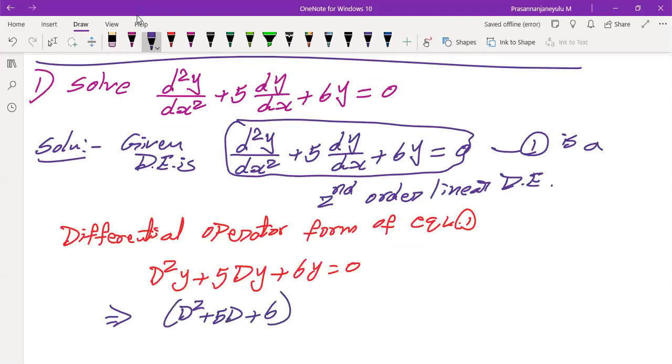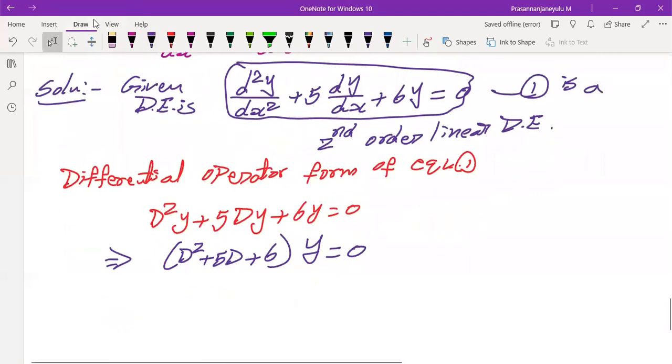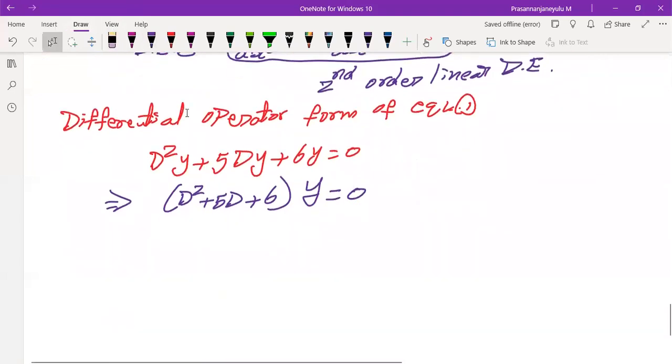Be careful, students. Y should be written only as post factor. That is very, very important. What is the general solution of this differential equation? It is in the form of F of D of y equals to 0.